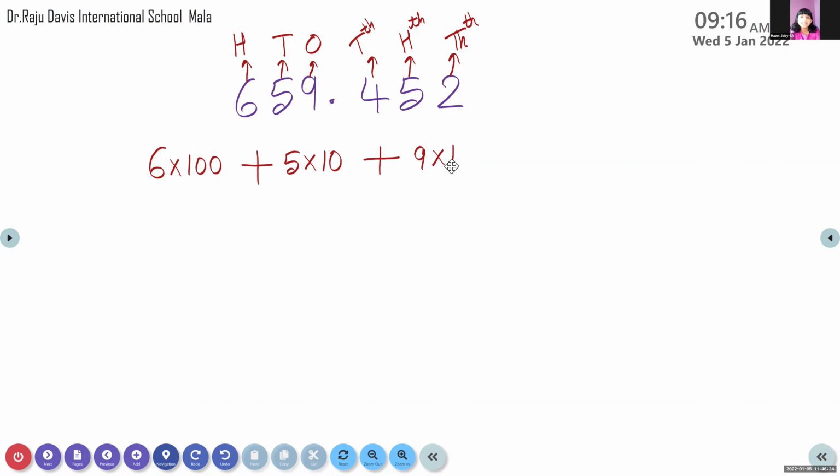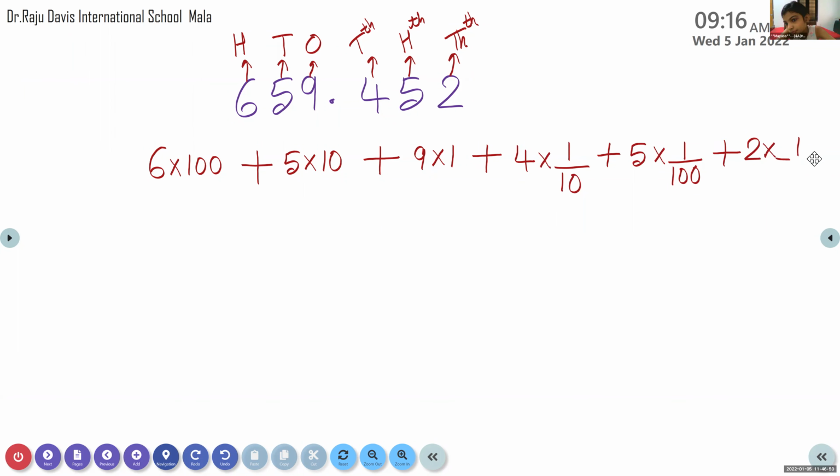Then after the point, plus 4 is in the tenth place. So 4 into 1 by 10 fraction plus next number 5 into 1 by 100 plus 2 into 1 by 1000. Okay, got? Yes, ma'am.